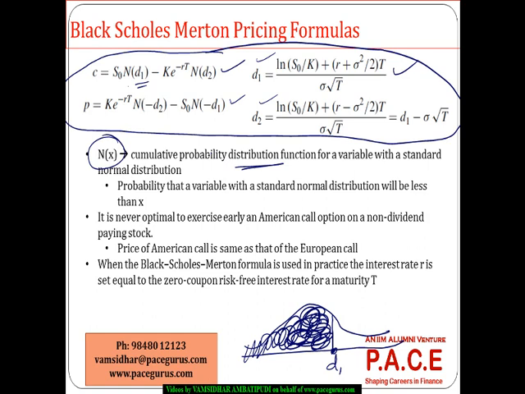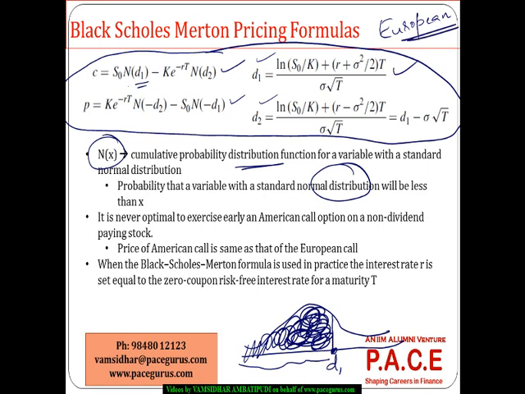That is why we call it the cumulative probability distribution of a standard normal distribution. It means that is the probability that a variable with a standard normal distribution will be less than x, or D1 here. This is typically for European options, both call as well as put.